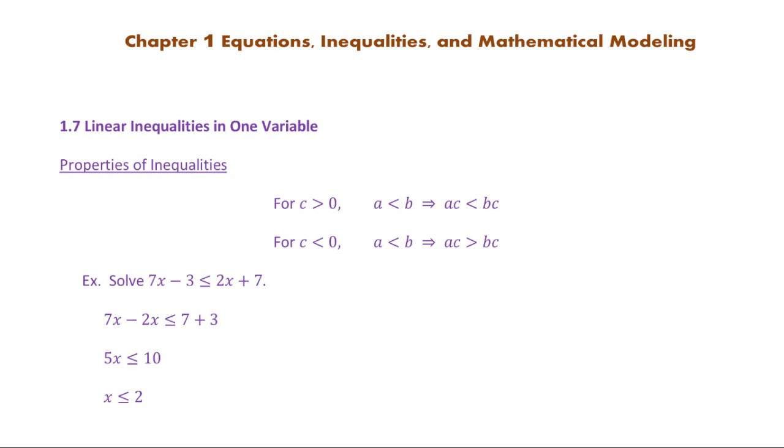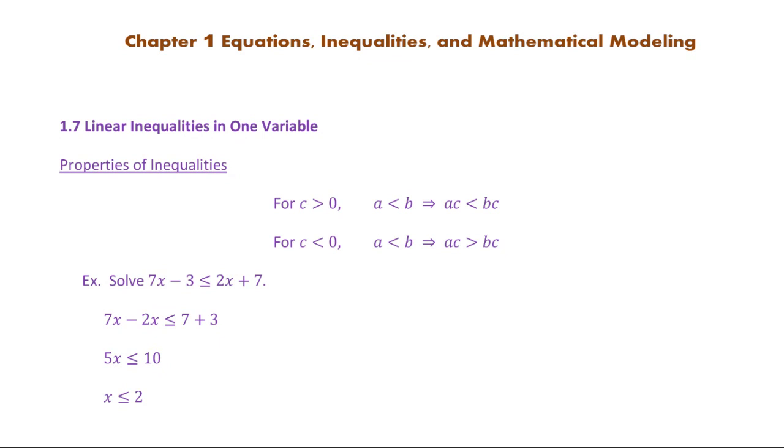So A less than B becomes AC greater than BC. That's one thing you should be really careful about. We will use this property quite a bit when we solve inequalities.